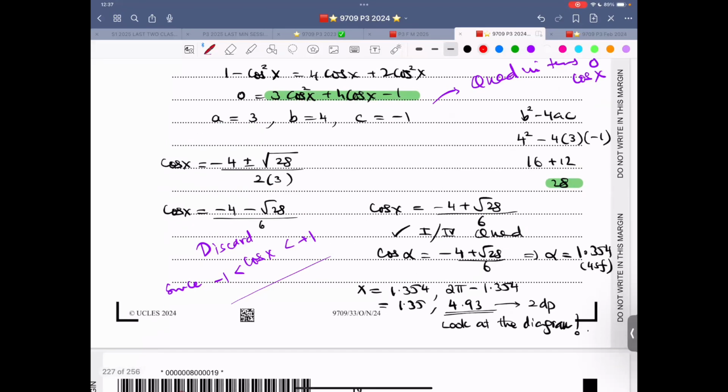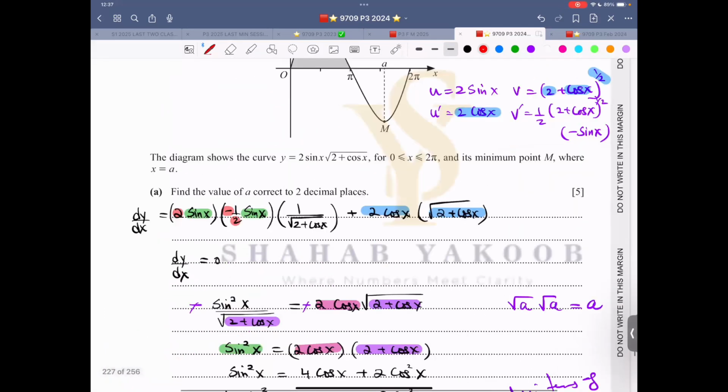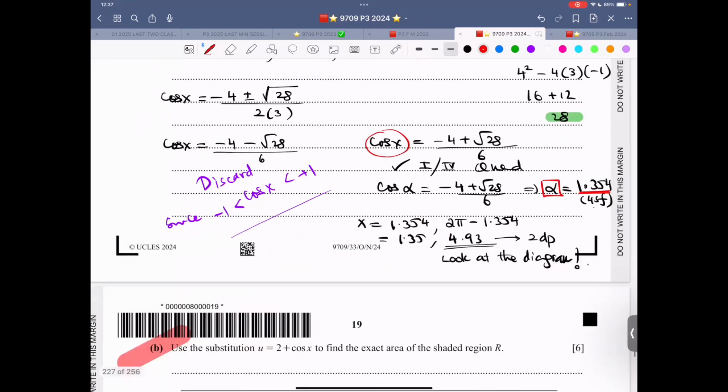Now focus on this. Cosine x is this thing. Basic angle, you always calculate it with the positive ratio. This comes out to be 4 significant figures. They are asking decimal places this time. I work in significant figures. In the end, I'll take care of it. So that is the first quadrant. That is the fourth quadrant. This is 1.35. This is 4.93. This is 3 significant figures, but 2 decimal places.